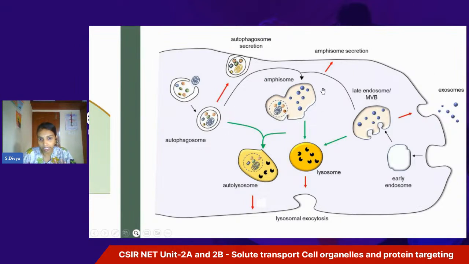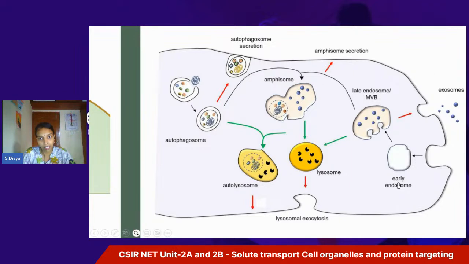There may also be an intermediate organelle between the endosome and the autophagosome, known as an amphisome. How are amphisomes created? Sometimes a late endosome fuses with an autophagosome and creates an organelle known as an amphisome. In fact, this is an intermediate organelle before lysosome formation. As you know, endosomes undergo maturation, finally giving rise to lysosomes.